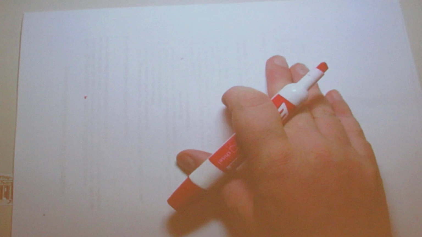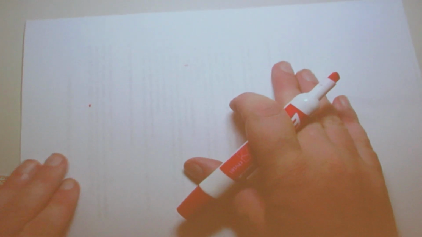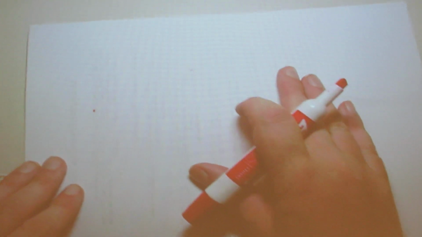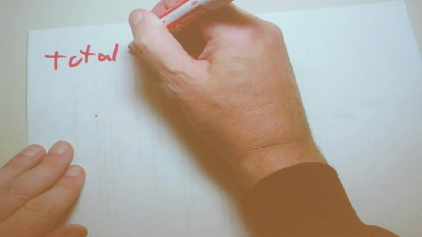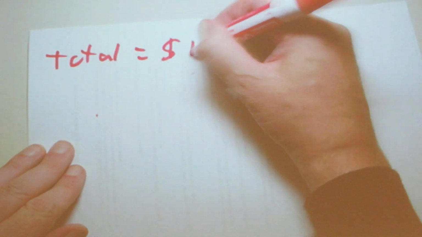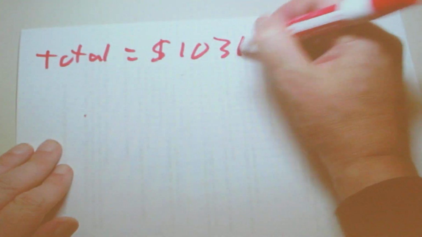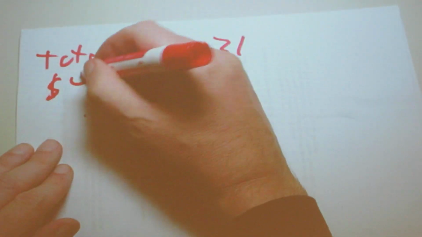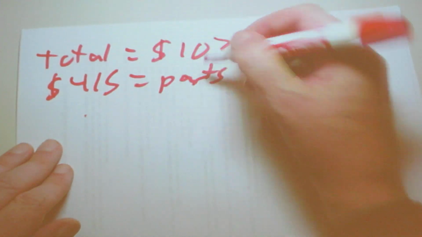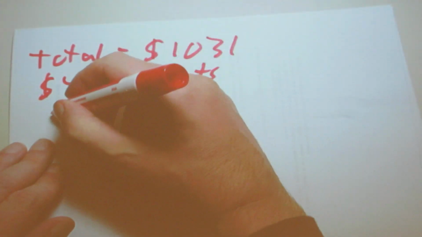Next is a word problem where it says that Chris has hired a plumber to do work. The total bill is $1031. $415 is for parts, and the rest is labor.